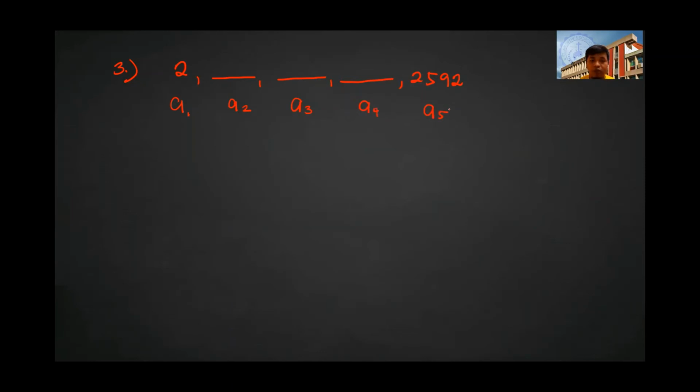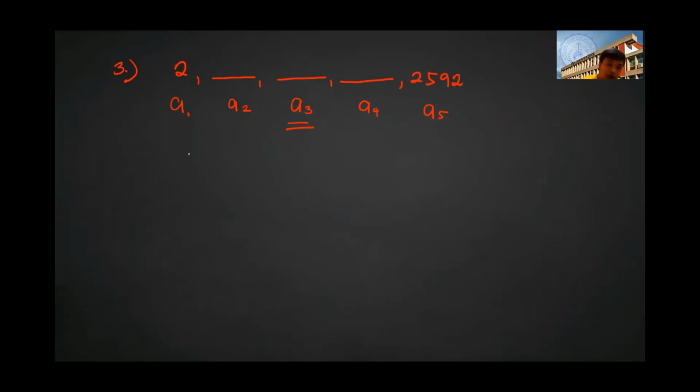There are 5 terms. Now, we can use the first formula, but how, sir? There are 3 terms already that you are looking for. So, between 2 and 2,592, we have a sub 3. That's the middle term of a sub 1 and a sub 5.